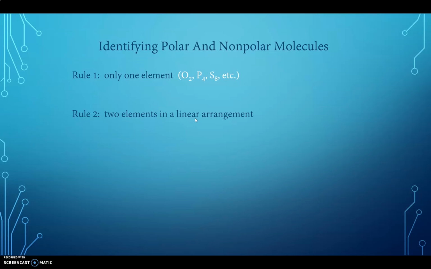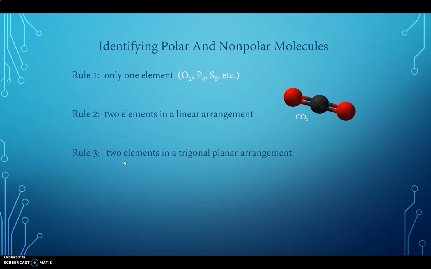So if 2 elements are in a straight line, if it's a linear arrangement, like carbon dioxide, then that molecule will be nonpolar, because the 2 oxygens, even though they're stronger than the carbon, are pulling against each other and canceling each other out. So carbon dioxide is a nonpolar molecule. And not surprisingly, carbon dioxide is also a gas. Gases, by their nature, have weaker attractions.